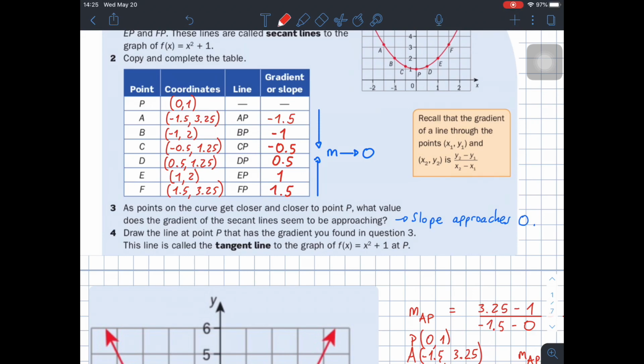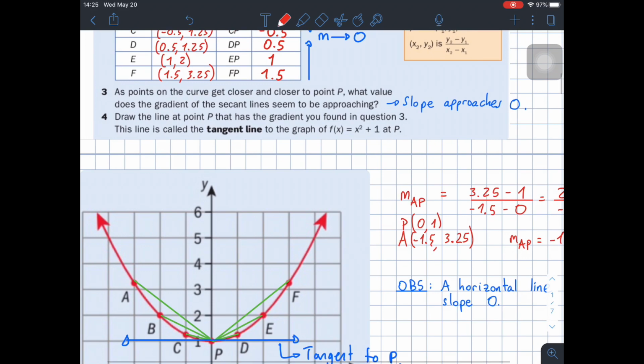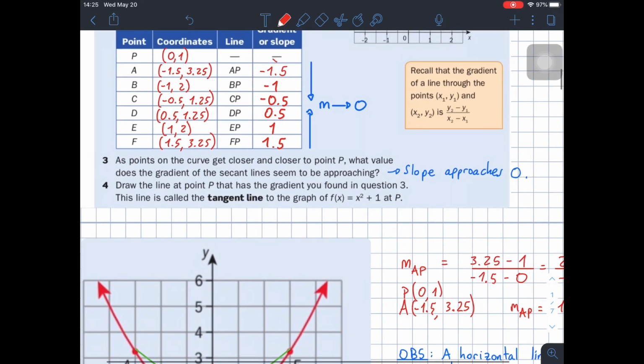So as you see, when we're getting closer to point P, because B is closer to P compared to A, right? C is closer to B compared to A, to B and A, right? So we're getting closer to point P, and we see that the slope, when we're getting closer, is approaching from both sides. It's approaching this value, which is slope 0, right?